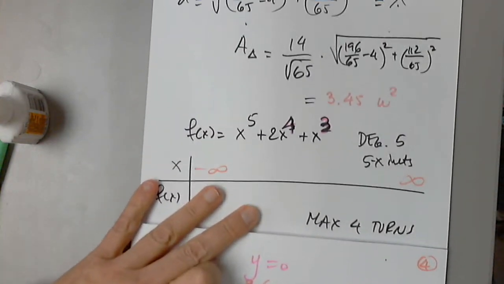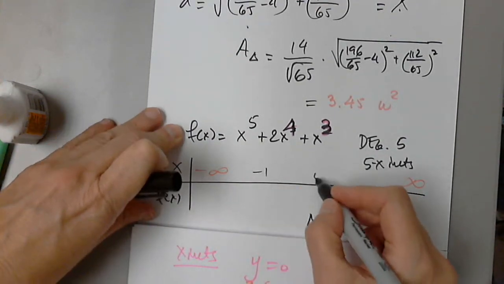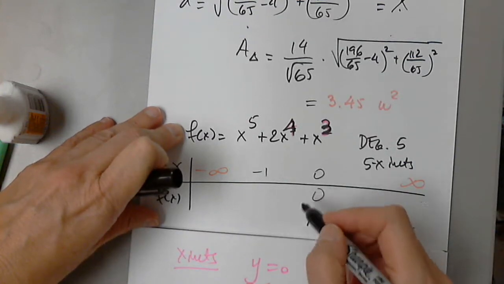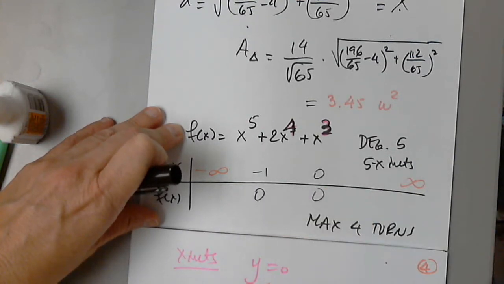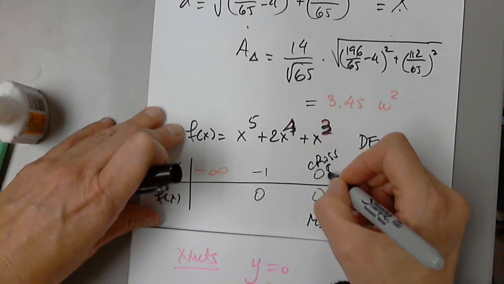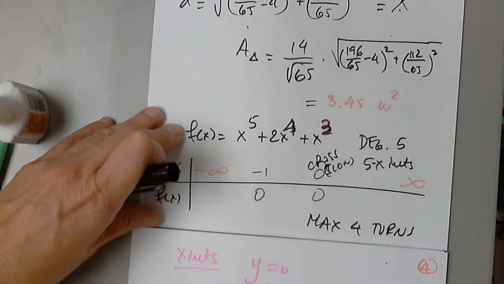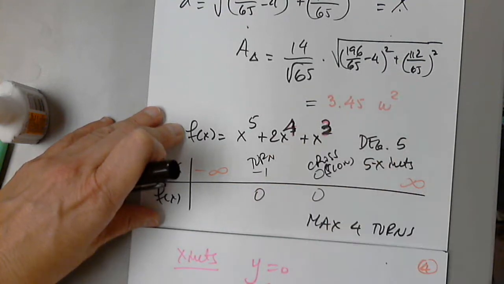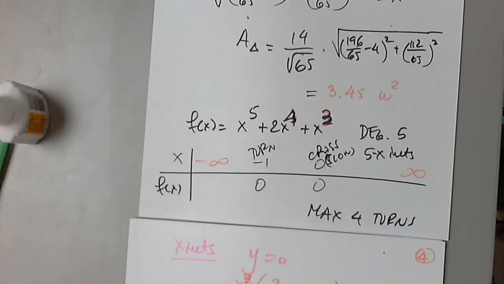Perfect. So I put those in the table. So -1 and 0. I get 0 and 0. And at 0, I write cross. Slow. And at -1, I write turn. And it's a regular turn. Now we have to establish the end behavior.